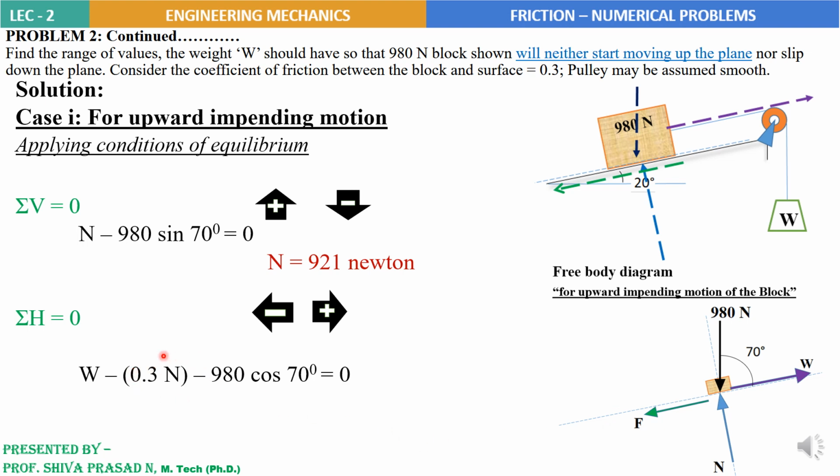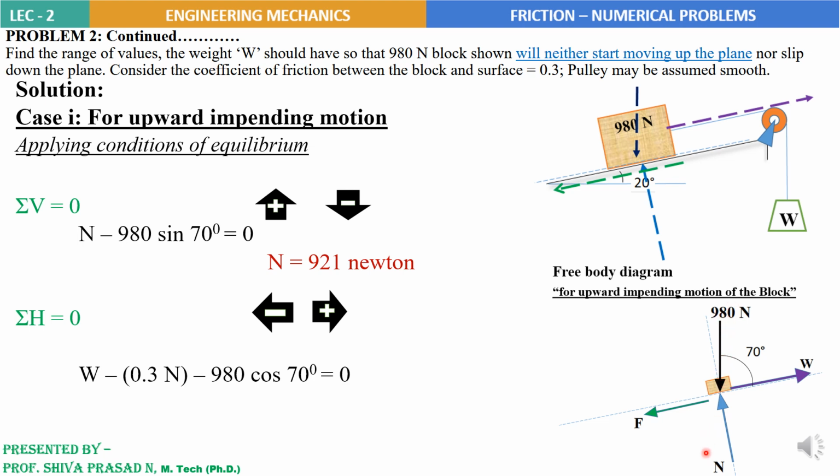It is nothing but F. From where do we get this? F equals mu times N, that is the formula. Mu is 0.3, given in the problem, and N is the normal reaction force. Minus 980 cos 70 degrees is the resolved component of the 980 Newton force along the horizontal direction.